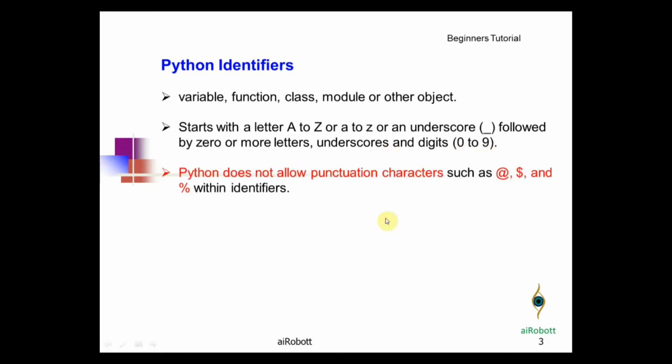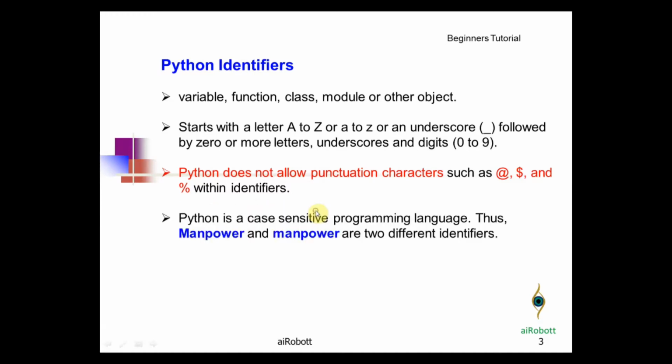Python does not allow punctuation characters, such as at the rate, dollar, and percentage. You should not use these within identifiers.